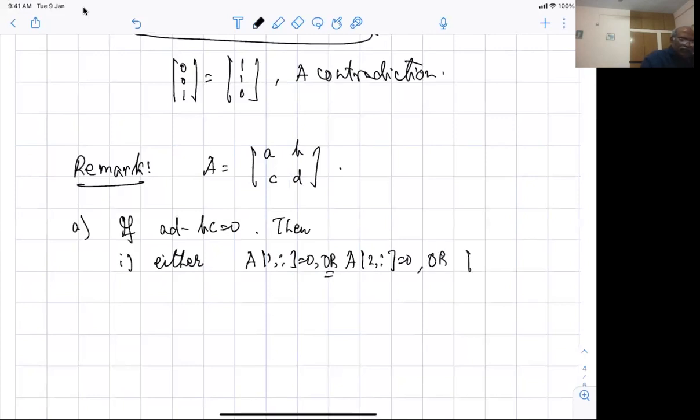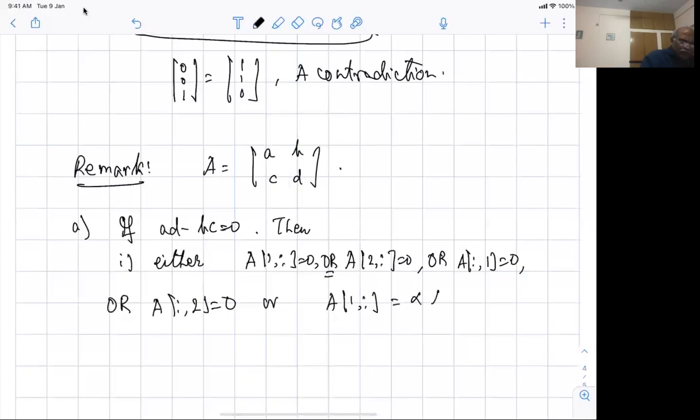I'm looking at the rows here; columns can be here, or the second column can be 0, or one column, say, will be equal to alpha times the other. The first row is the same as this, or the first column will be equal to alpha times this.